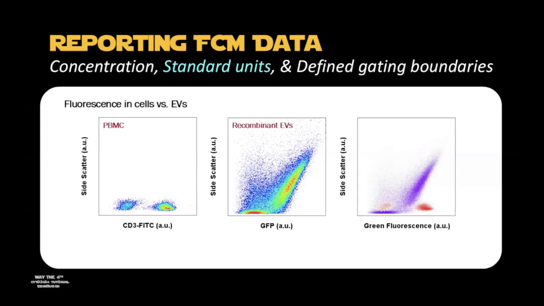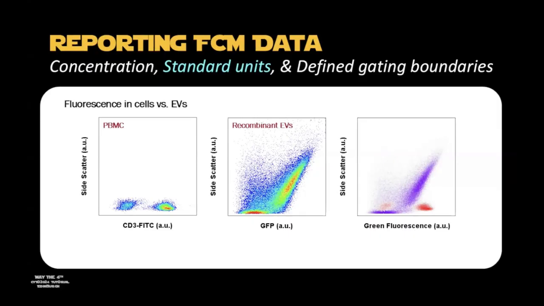And that is really just to highlight the fact that you cannot really tell if something that you are looking at is cells or EVs, which you know will have very few copies of that GFP on the surface simply because of the size of the particle. So just by looking at arbitrary units, it is very hard to say, yes, this sample is EVs and no, this sample is not EVs just by looking at that fluorescence.